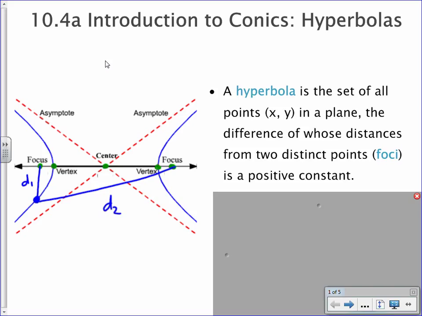So when we subtract the distances from the point to each focus, let's say way over here, distance here and distance here, if we take this first distance minus the second distance, it'll be the same as any other point.